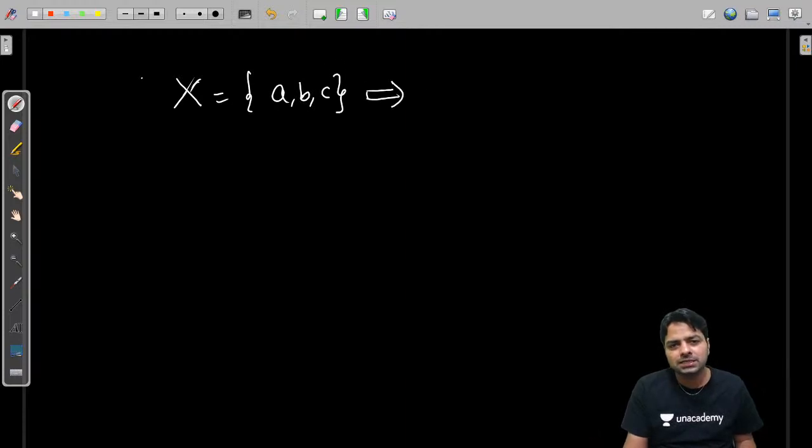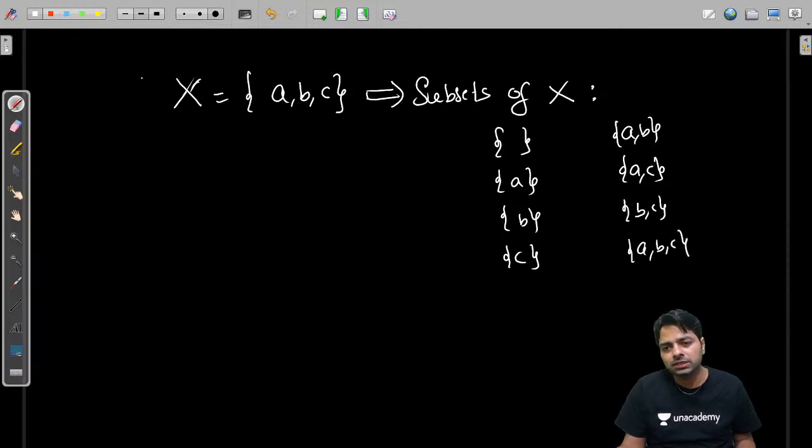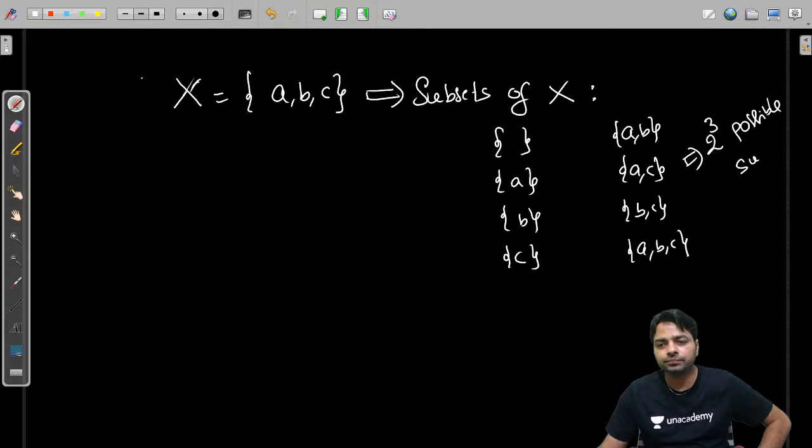Then what are the subsets possible for X? You will have the empty set, or only A, or only B, or only C, or A comma B, A comma C, B comma C, or A, B, C. These are the subsets. Total 8 subsets, that means 2 power 3 possible subsets.